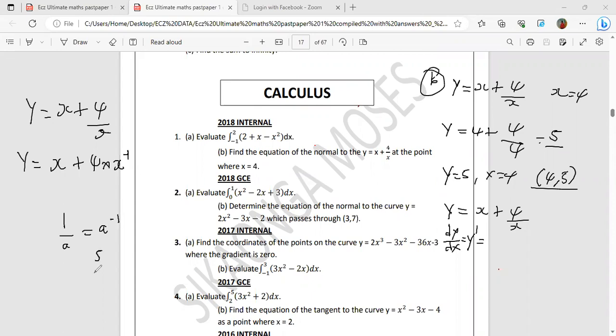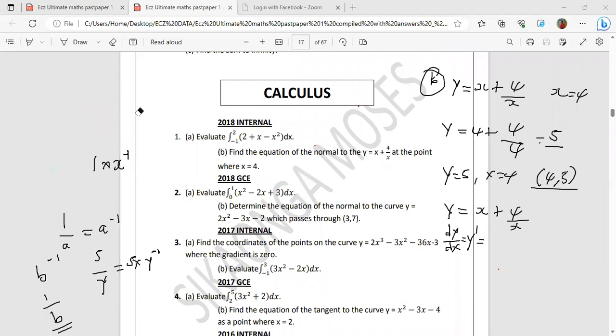If we have 5 over y, you multiply 5 by y to the power negative 1. And b to the power negative 1 is simply 1 over b. This is the concept that we are using.